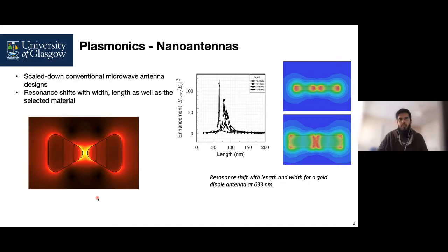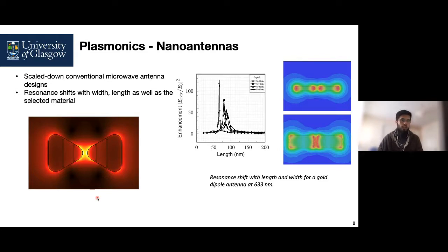Now, plasmonics is primarily being championed by devices such as nanoantennas. Nanoantennas primarily exist at optical frequencies, in which we design antennas which are actually scaled down versions of the microwave frequency antennas.